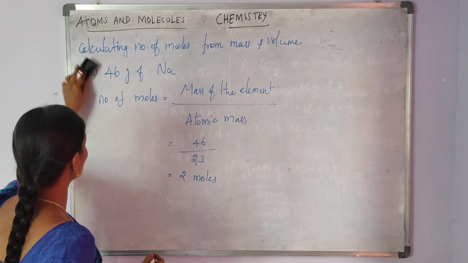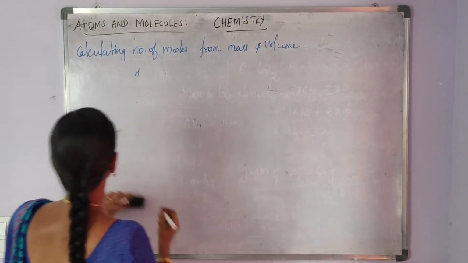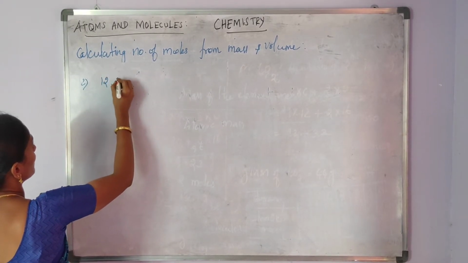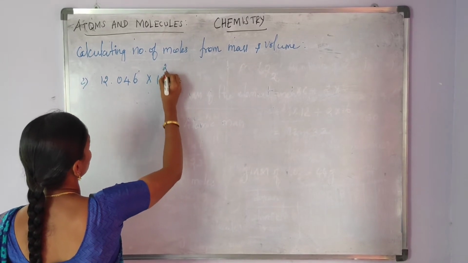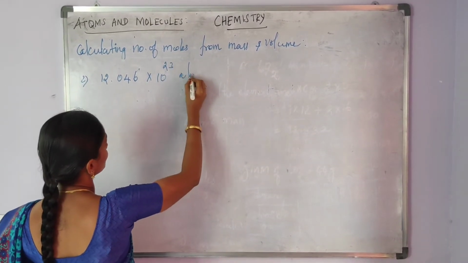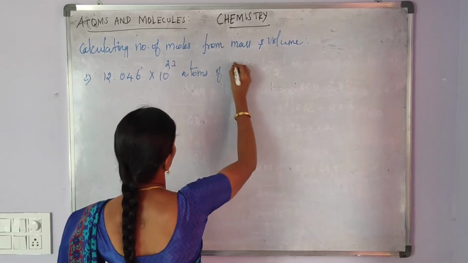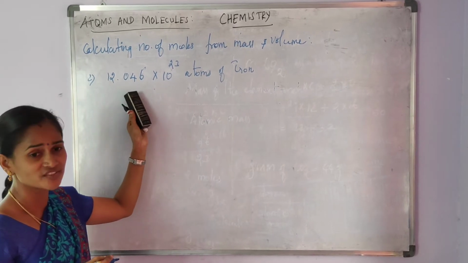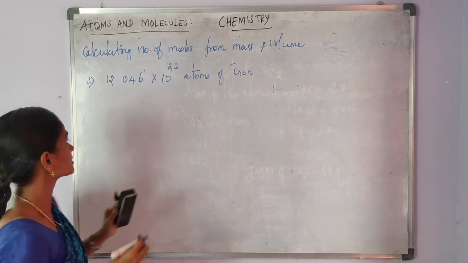And the second problem is 12.046 into 10 power 23 atoms of iron. Finding the number of moles in 12.046 into 10 power 23 atoms of iron.